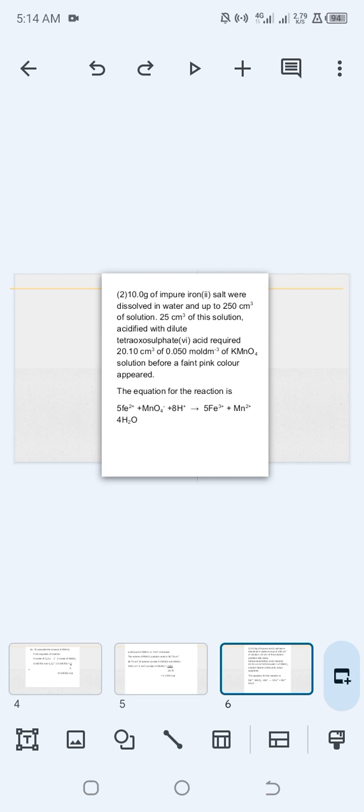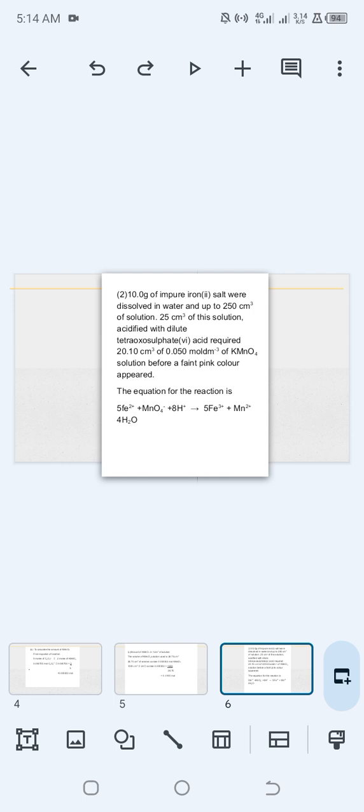And after the titration, you got the volume of the acid used to be 20.10 cm³. The concentration, that is the molar concentration, is 0.050 mol/dm³ of KMnO4.